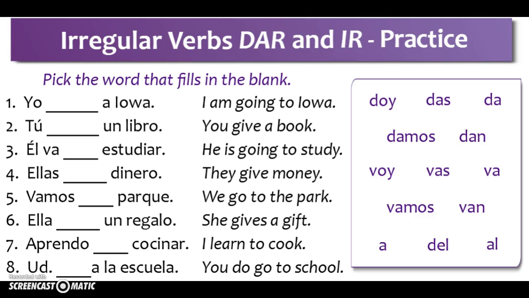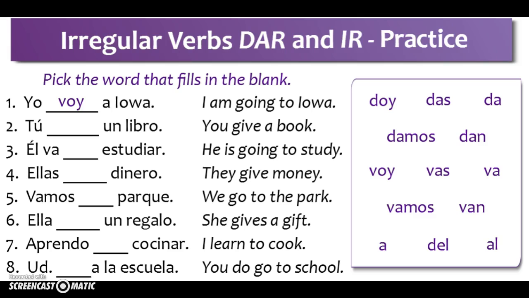So now let's have you practice. Using the word bank, pull the word, sometimes a verb, sometimes a preposition, to complete the translated Spanish sentence. Let's start with yo. I'm going to Iowa. Yo voy a Iowa.